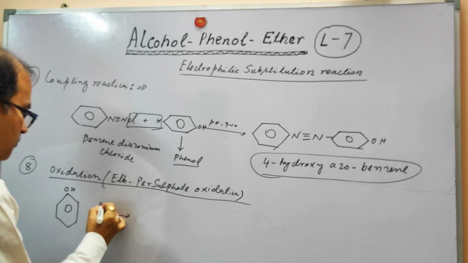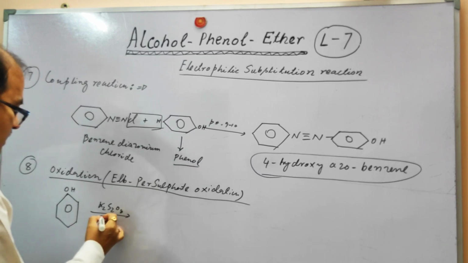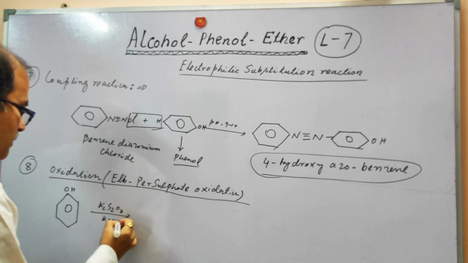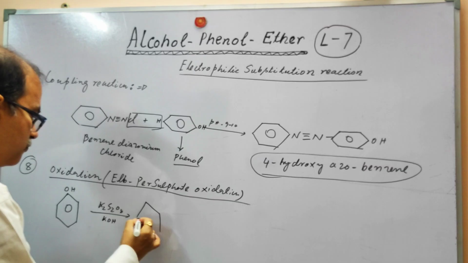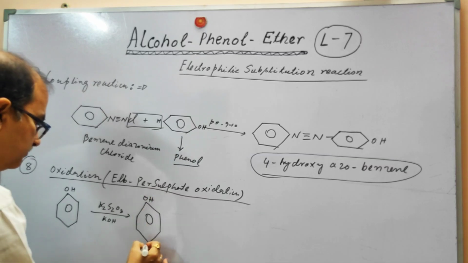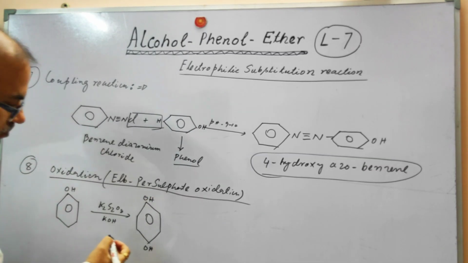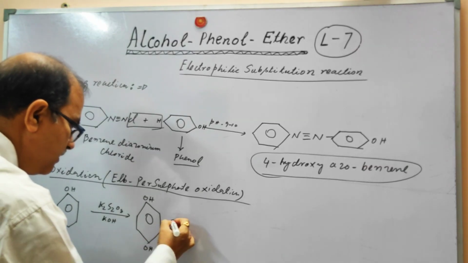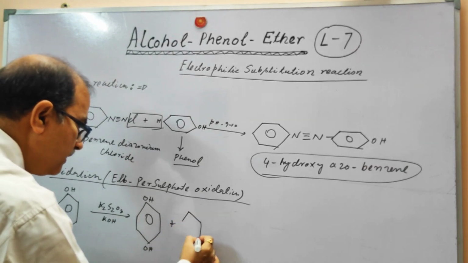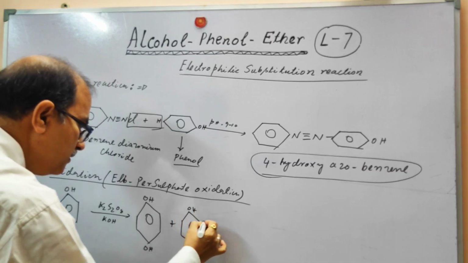When this is oxidized in alkaline medium with potassium persulfate in presence of KOH, it is going to produce the dihydric phenol, that is this. And there is some amount of catechol you can see. This is the catechol.